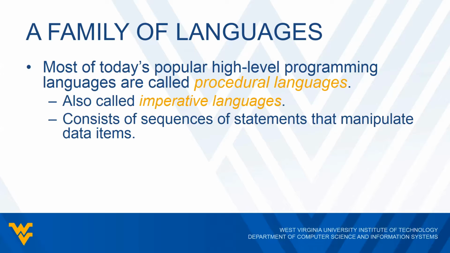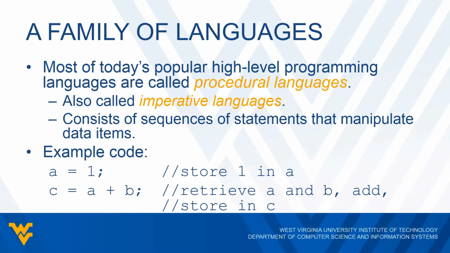So let's just take a look at some example code here. Here are two lines of high-level language code. This A = 1; simply means that we're going to store 1 in location A. Now, A itself is not necessarily a memory address, but it is a name that's associated with some memory cell.